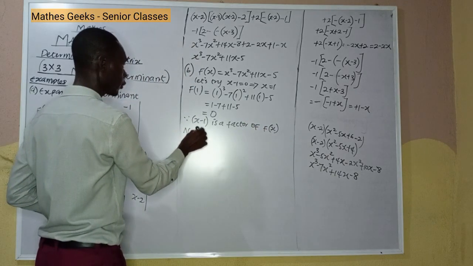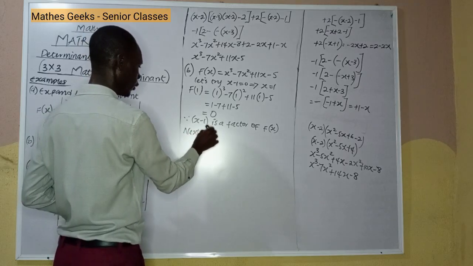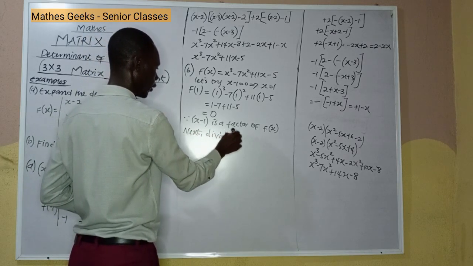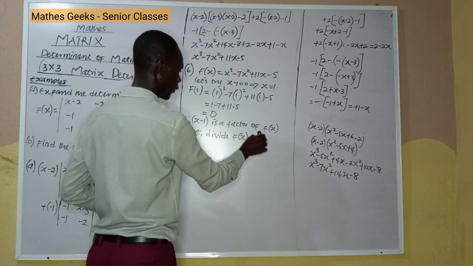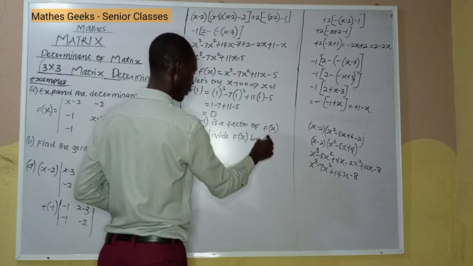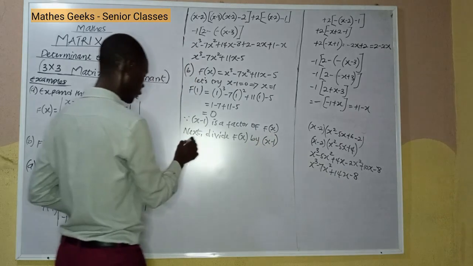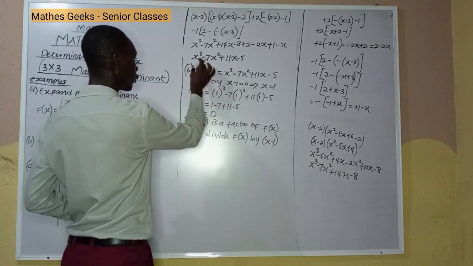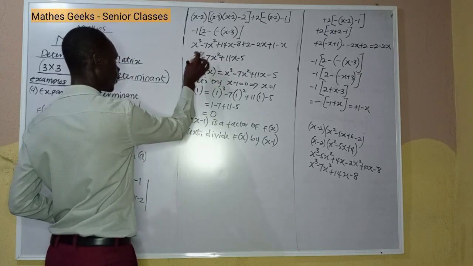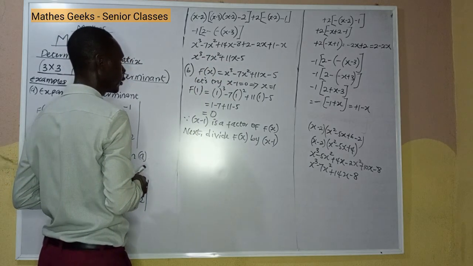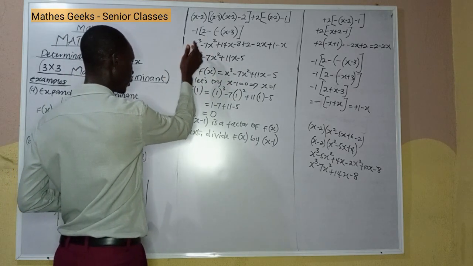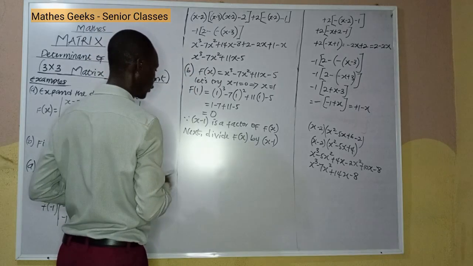Next, divide f(x) by x minus 1. Since the polynomial is already in the right form, where the highest power of x comes first starting from the left, you don't need to rewrite it.